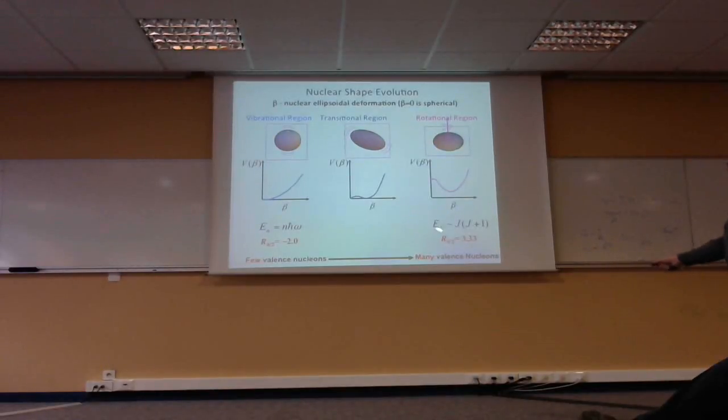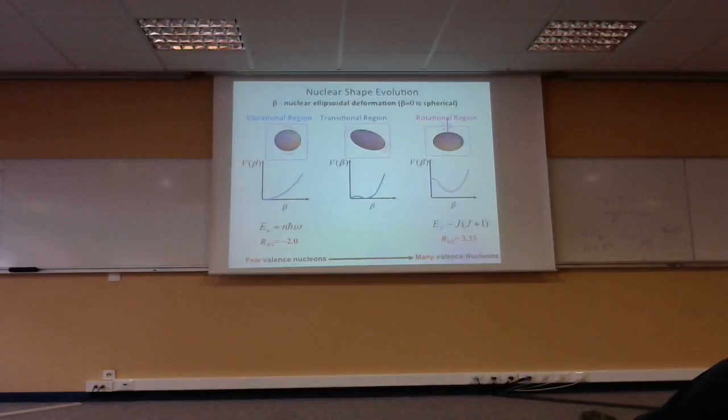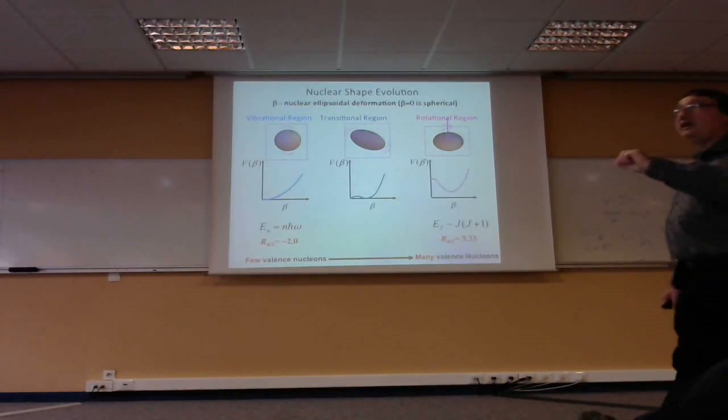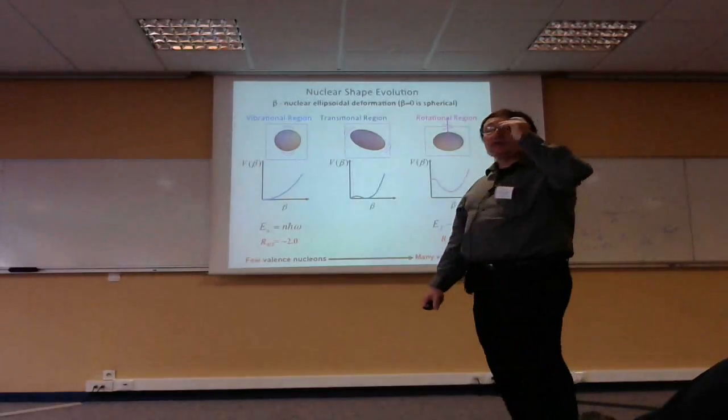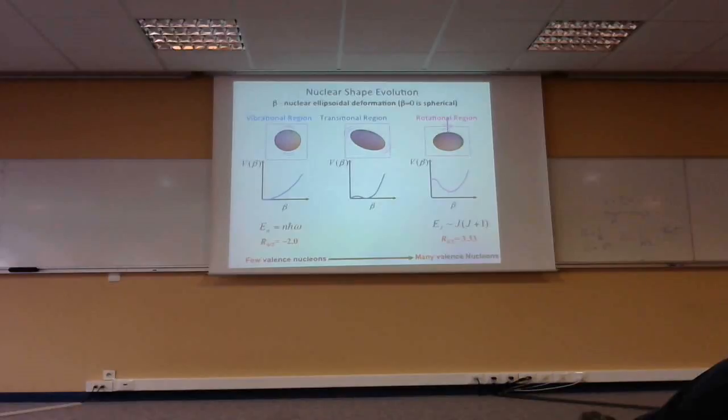In this limit, the rotor energy goes like I(I+1). So you see, the energy of the excitations of the system are strongly related to the underlying microscopic structure, and therefore that is an indicator.